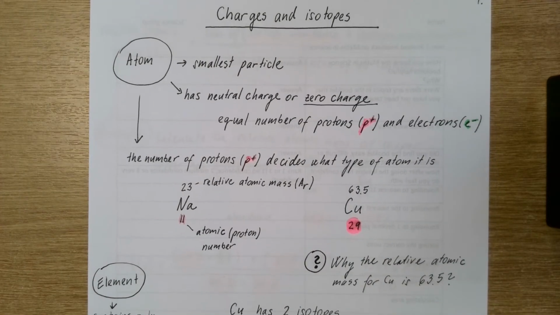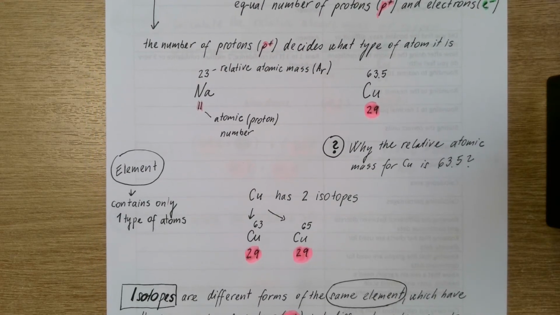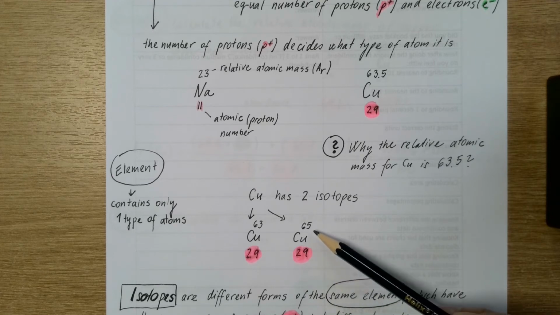So why is that? Does that mean that we have half of a proton or half of a neutron inside the nucleus? No, it doesn't mean that. Copper has 2 isotopes, that means 2 different versions of the same element: copper 63 and copper 65.